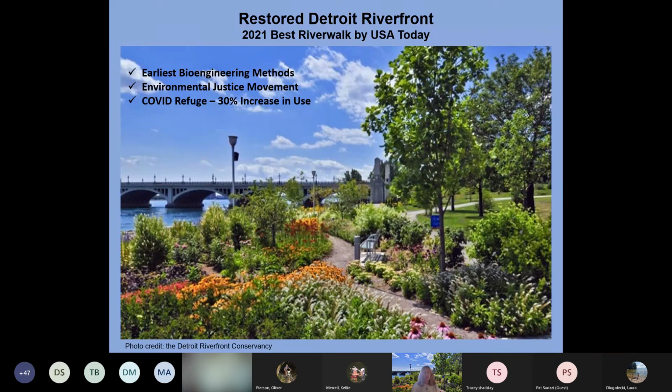So people thrive in these natural settings. They depend on nature. And this is a wonderful project that shows that we can use these methods to restore and protect our waterways, as well as help our own sense of wellness.